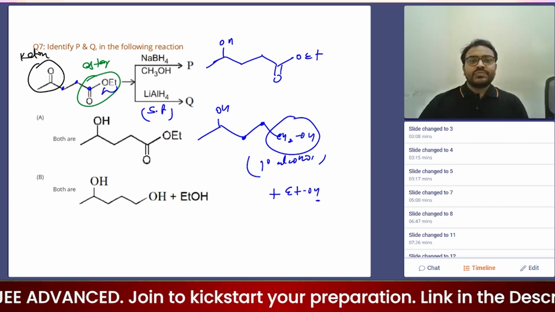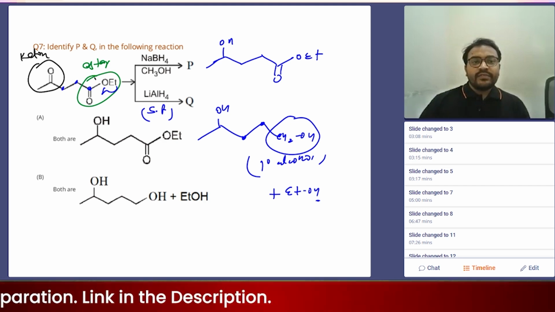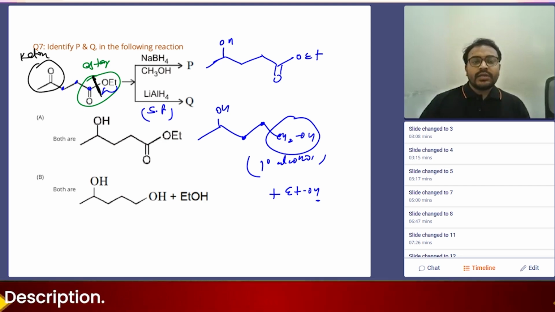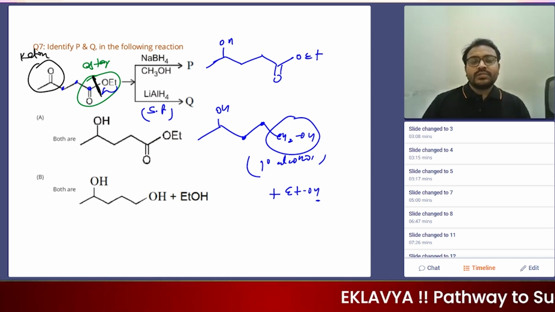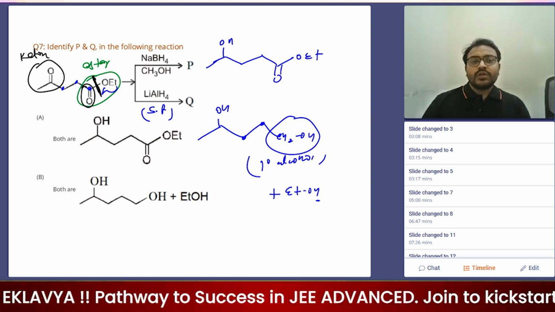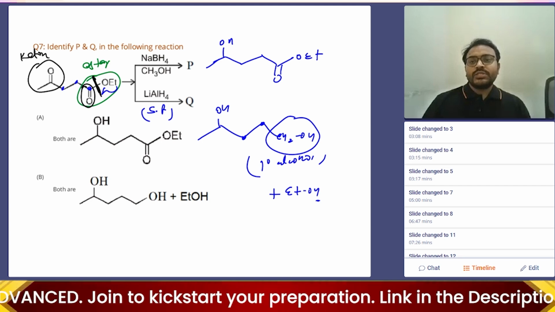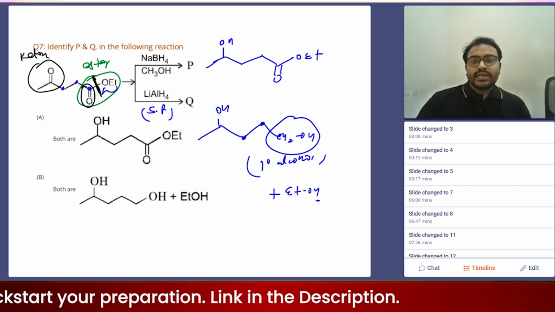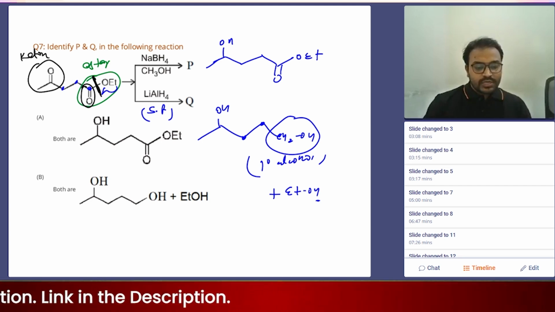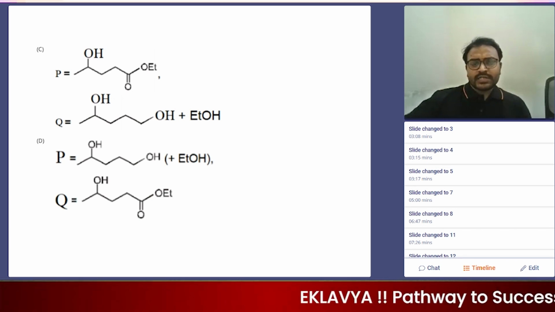Okay, so basically we break this bond and just add hydrogen on both sides. First this group converts into CHO, then further into CH2OH. So now we can match the options. Which option is given? So option C will be the correct answer.